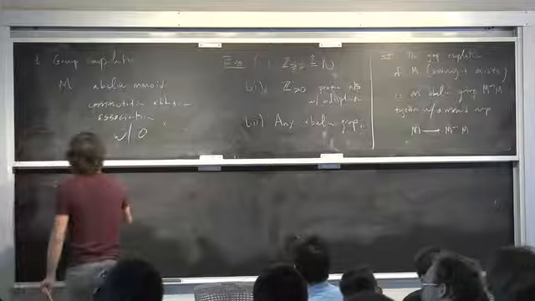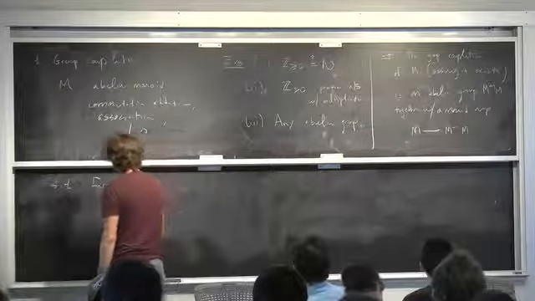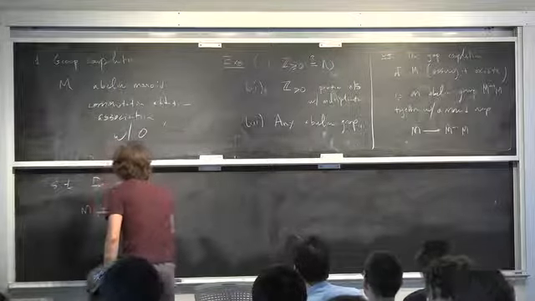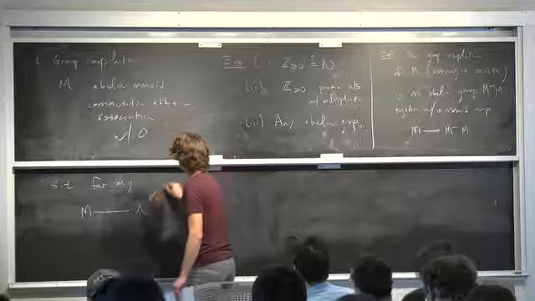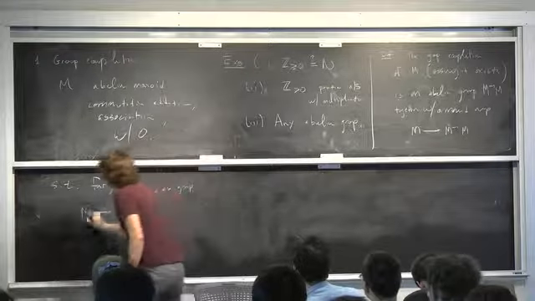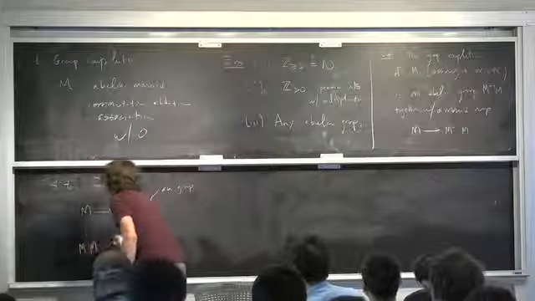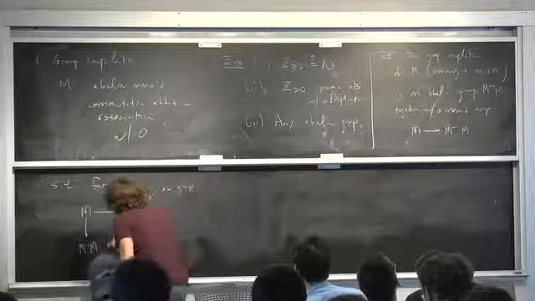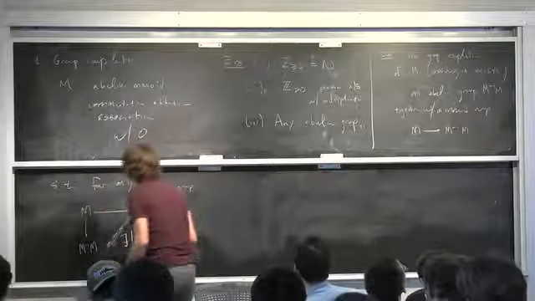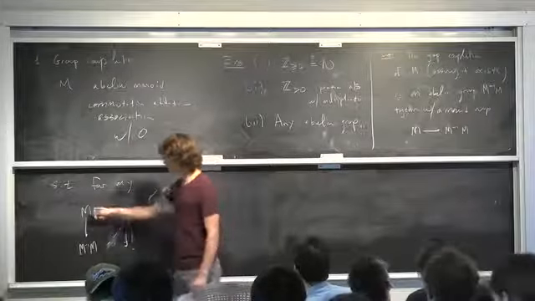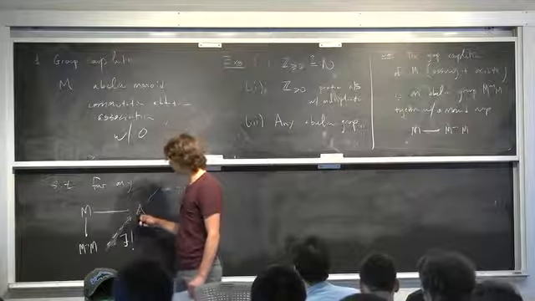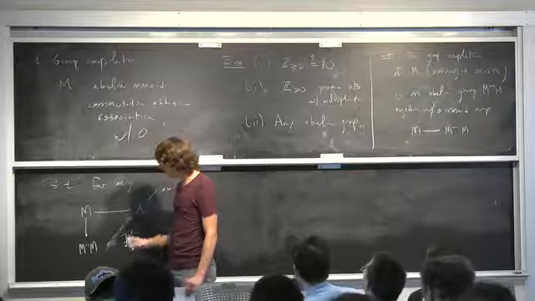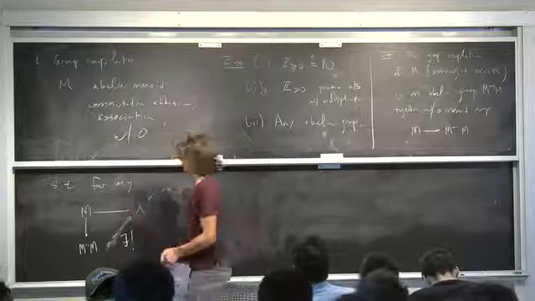I'll write it in a diagram form. If I have a map from M to an abelian group, then there's a unique dotted arrow. So the universal property says whenever I have a map from M to an abelian group, it factors uniquely through this given map to M inverse M, and then a map from there to the abelian group.